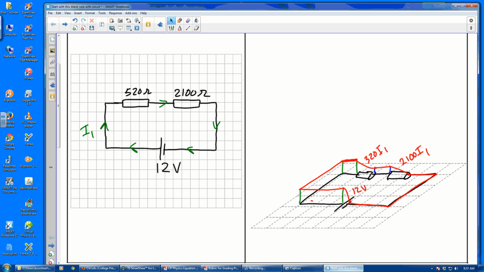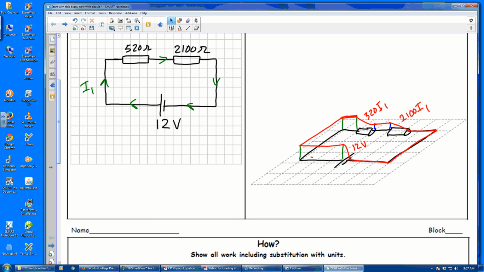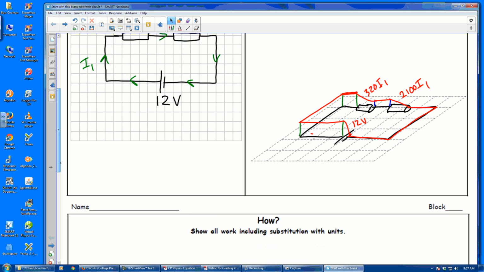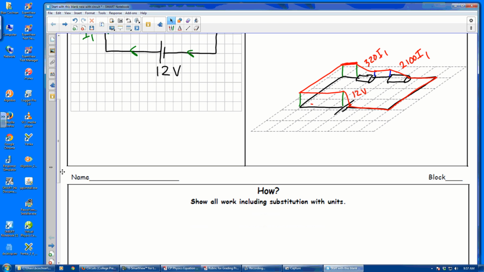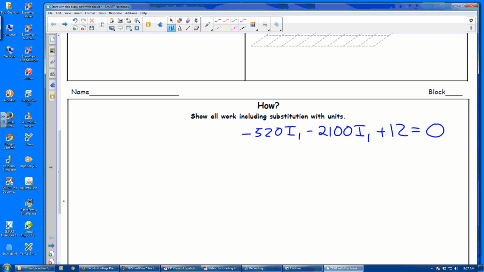All right, how many loops in this equation? One loop. No junctions, one loop, so I can produce one equation. I'm going to start at the bottom left corner and go around clockwise. So I'm going to have minus 520 I1 minus 2100 I1 plus 12 equals 0. So that's my one loop.